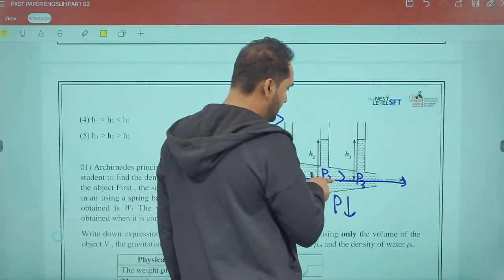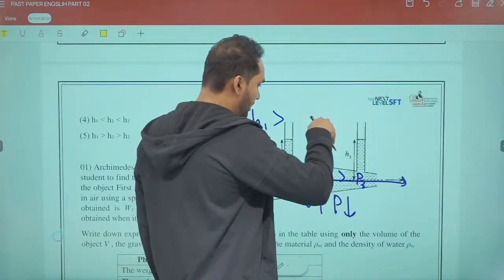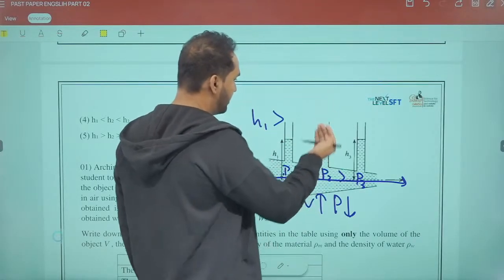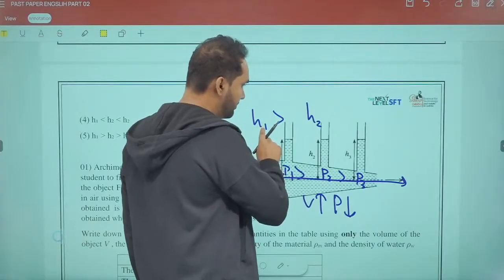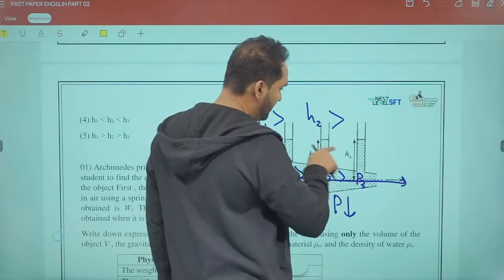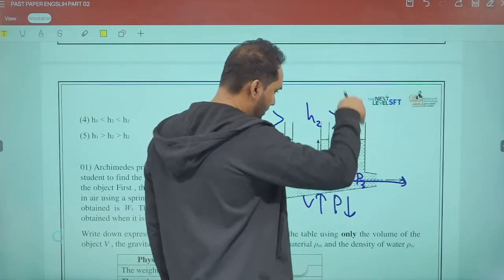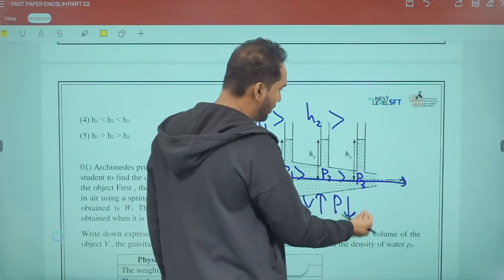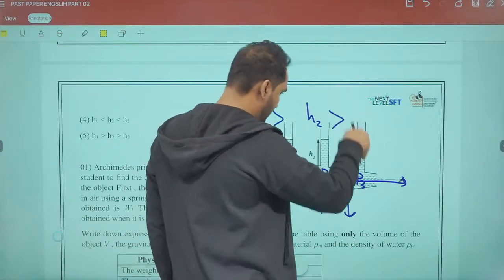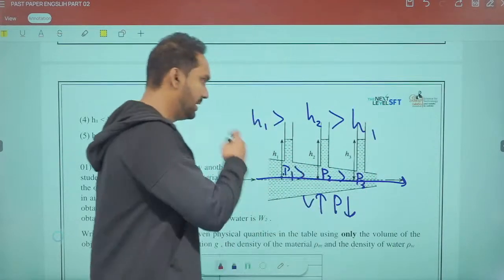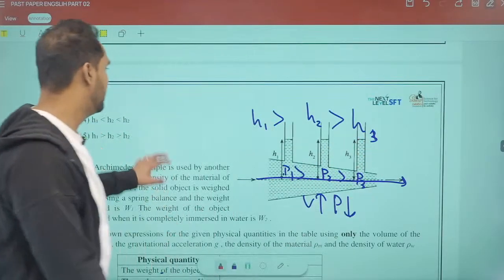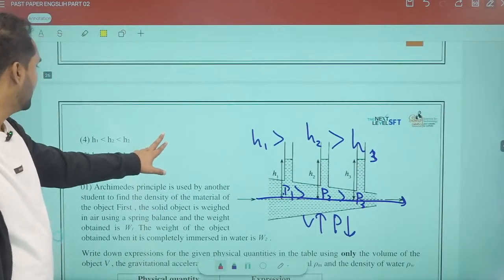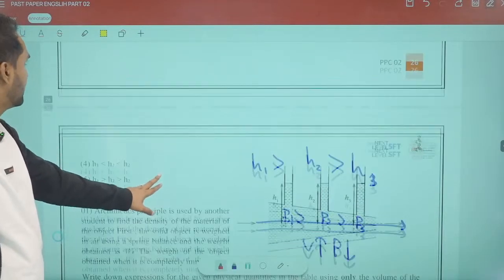Here the pressure is less, therefore it won't press the water column up as much, so the height here should be less than this one. And the pressure here is the lowest, therefore the liquid column isn't pressed up, so it goes really down. So H1 is the greatest, H2 is next, the last is H3.